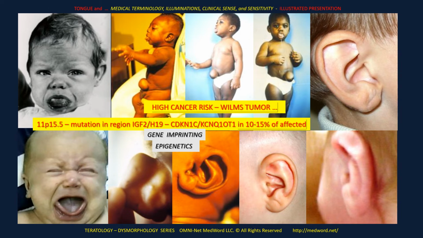This has two major implications. This finding confirms the diagnosis in about 10 to 15% of people, meaning that there is another cause for it. And the second point is that it confirms the diagnosis. And the third point?